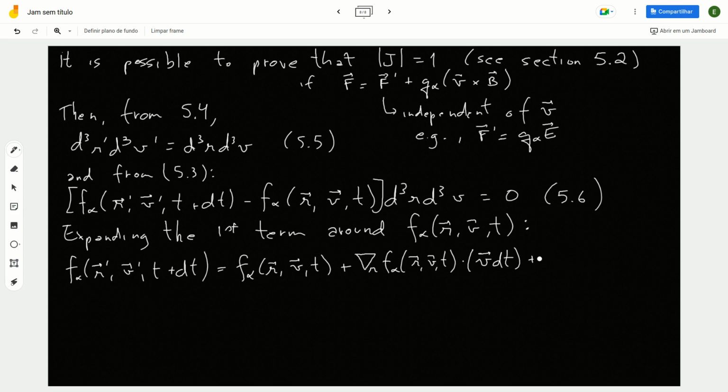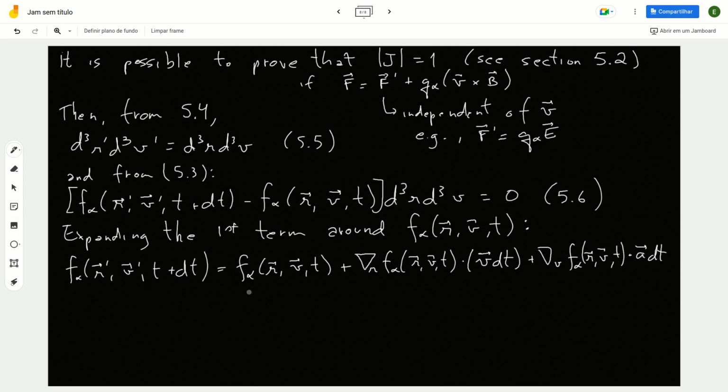Then we have the derivative in relation to v times v plus a dt minus v. So we end up with just a dt here.